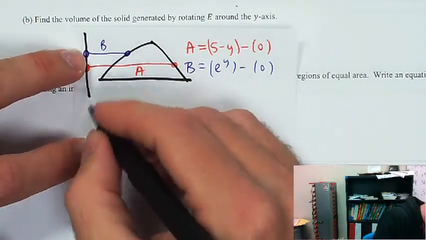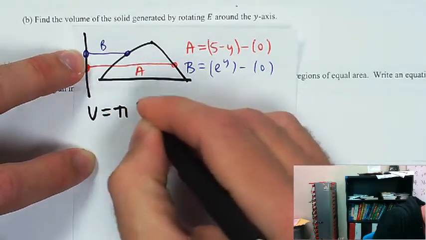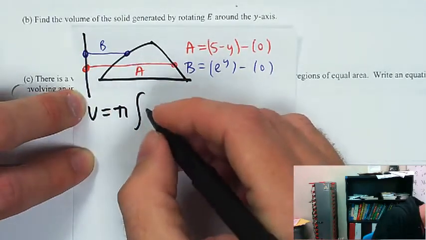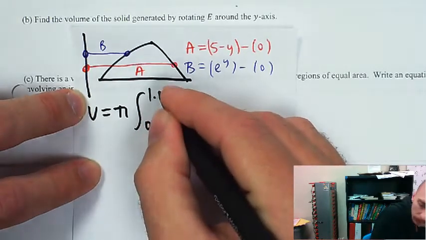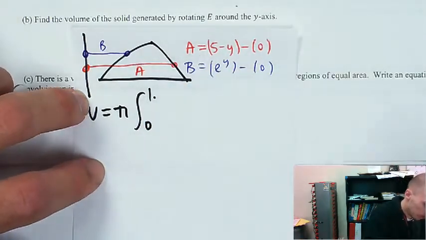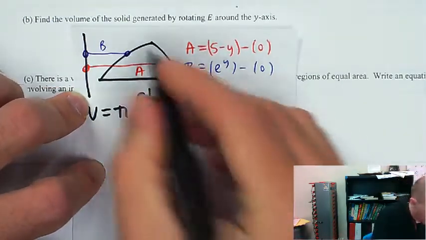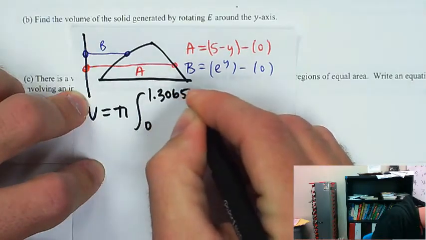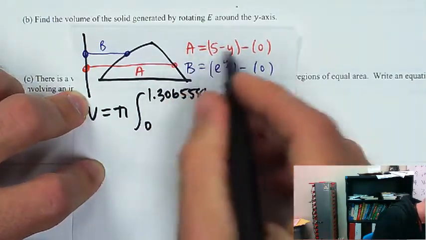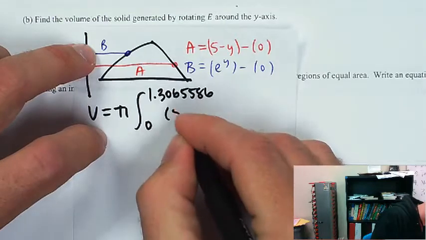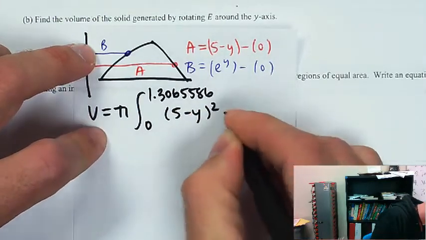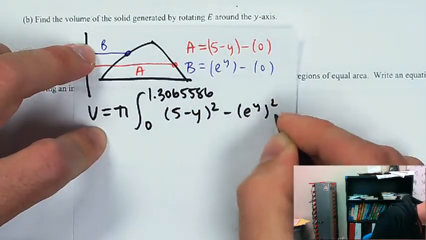I'm going to say that the volume is going to be equal to pi times the integral from 0 up to that 1.3065586 of (5 minus y) squared minus (e to the y) squared dy.